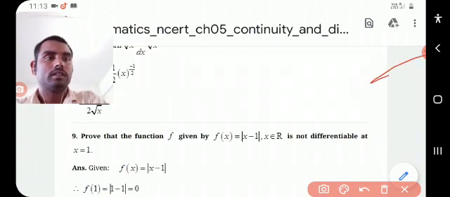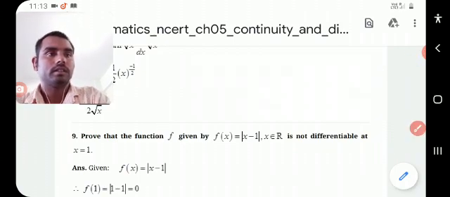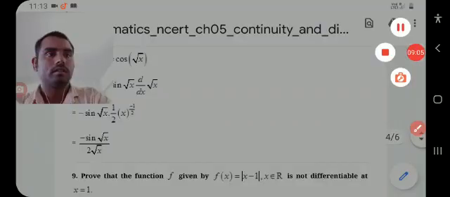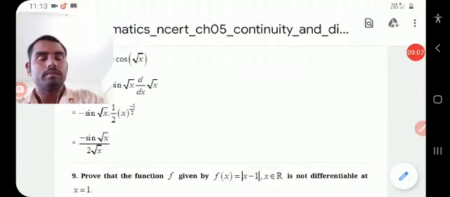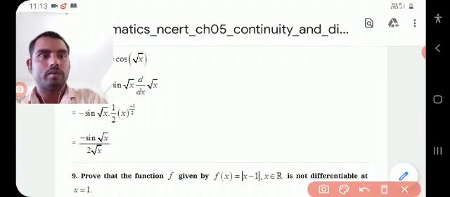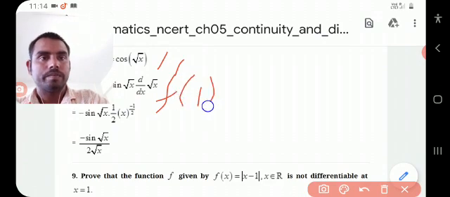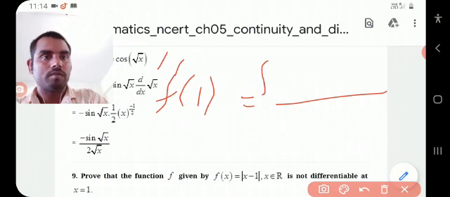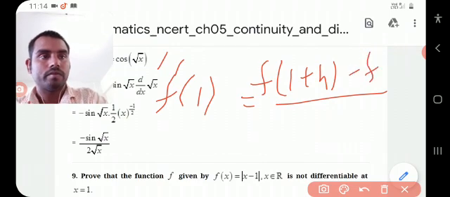For example, differentiable at x equal to 1 point. So f dash of 1, that means it is f of 1 plus h minus f of 1 by h.